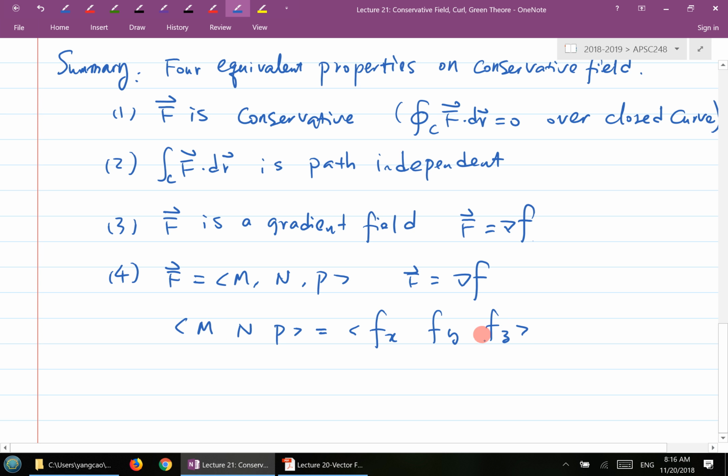So that implies where M, N, and P are from. They are basically the partial derivatives of the scalar function f. Or in other words, M equals fx, N equals fy, and P equals fz.